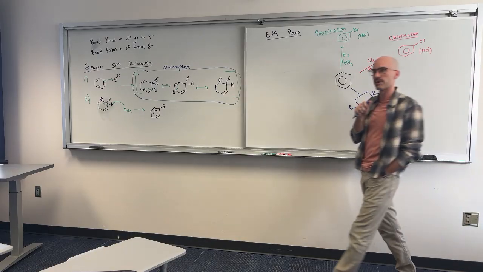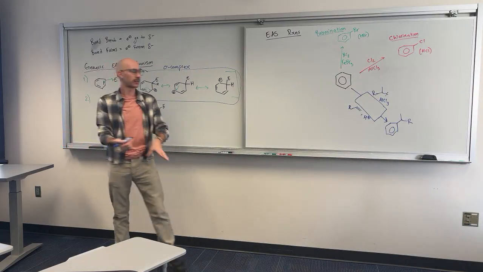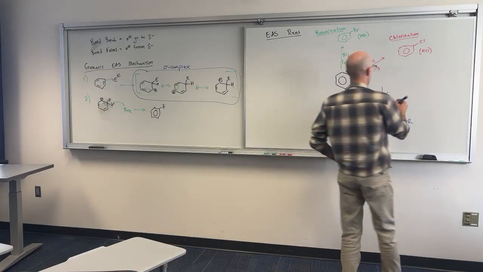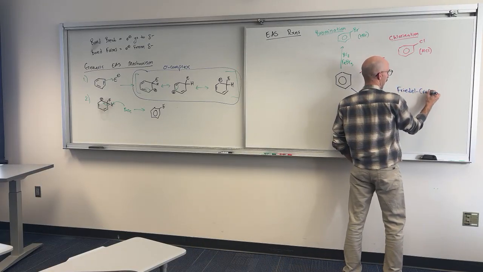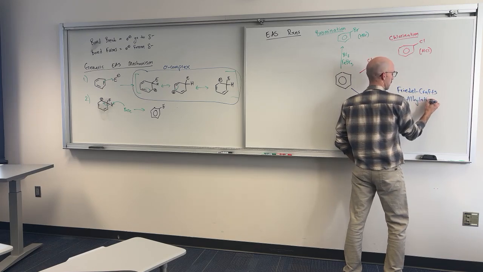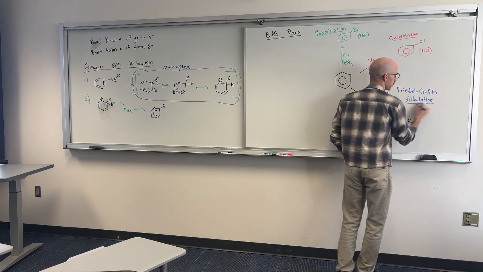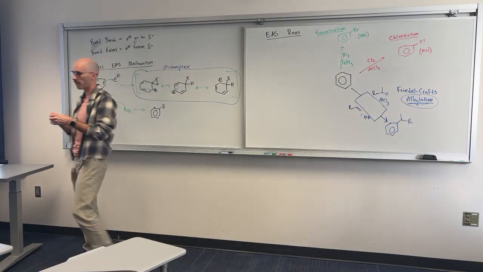What you're getting out of this reaction is an alkyl group on your ring. And so this is named Friedel-Crafts alkylation. Although, if you were to pick any of those words to remember, just remember alkylation.